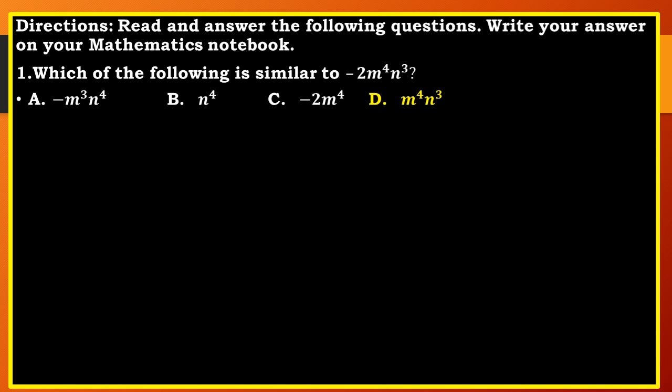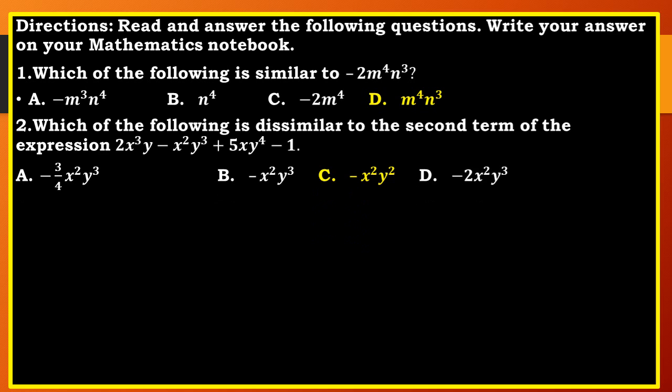In the given, negative 2m^4 n^3, the variables are m and n. In the choices, there are only two choices composed of m and n variables. Then let's take a look at the exponents of m and n. For the m, that is 4. For the n, that is 3. So the answer is letter D.